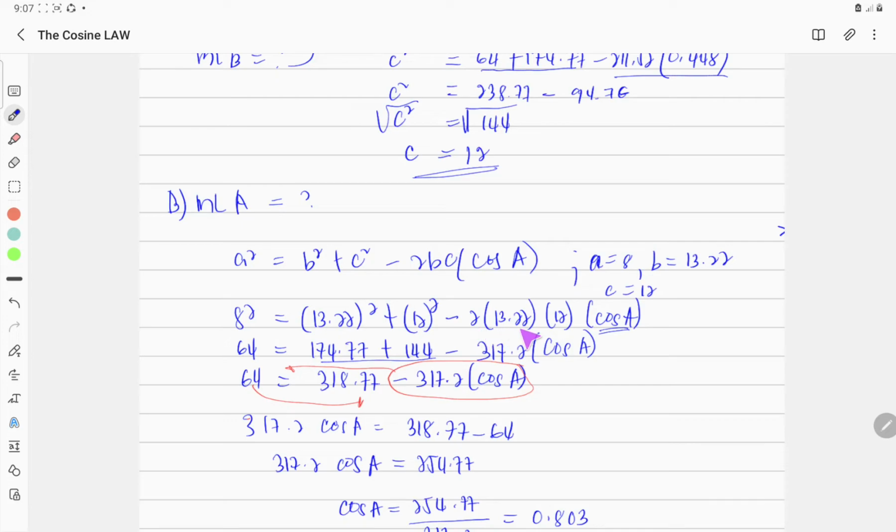Minus 2 times 12 is 24, and 24 times 13.22 gives us 317.2.